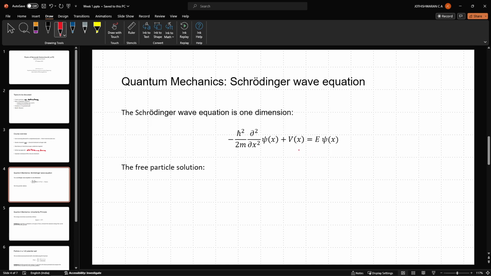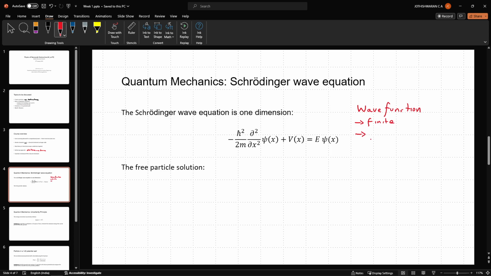It is a linear partial differential equation of the wave function of a particle. So what are the properties of a wave function? First and foremost, it has to be finite. A wave function can never take infinite values.